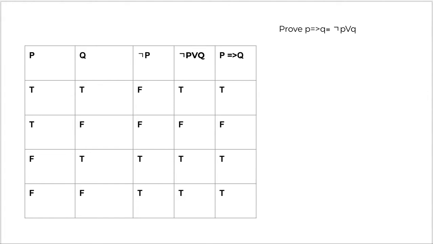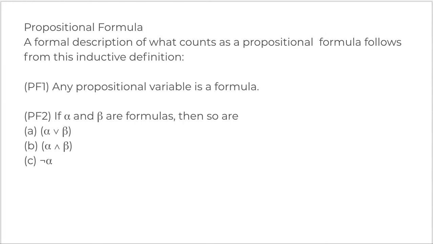Okay. Next one is propositional formulas. So a formal description of it is that any propositional variable is a formula. This is a really interesting way of writing the definition of this formula down, because it's a bottom-up approach.